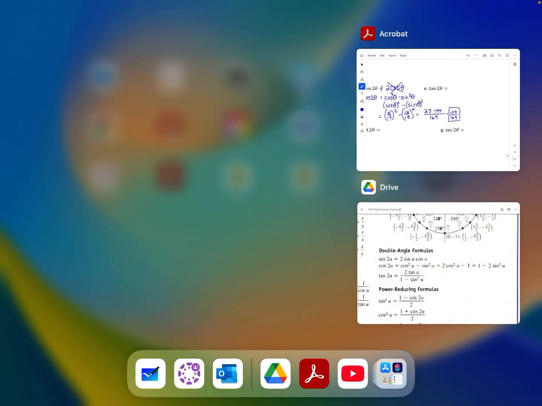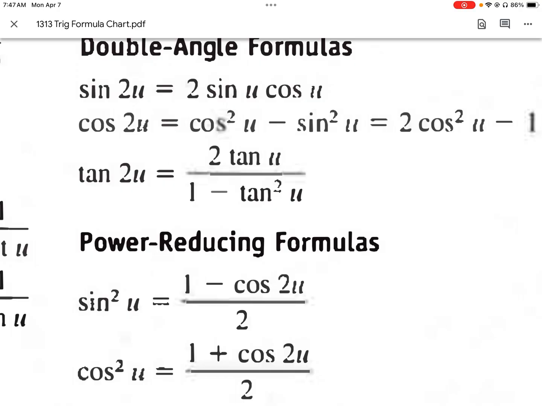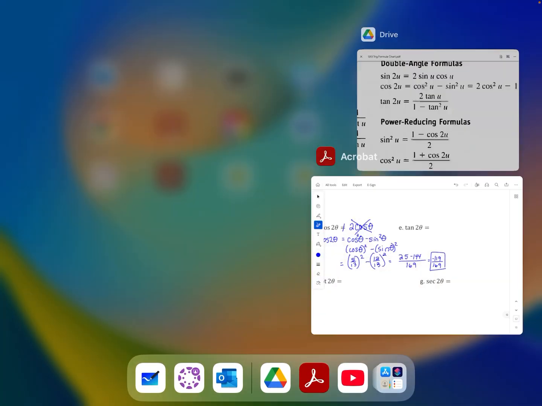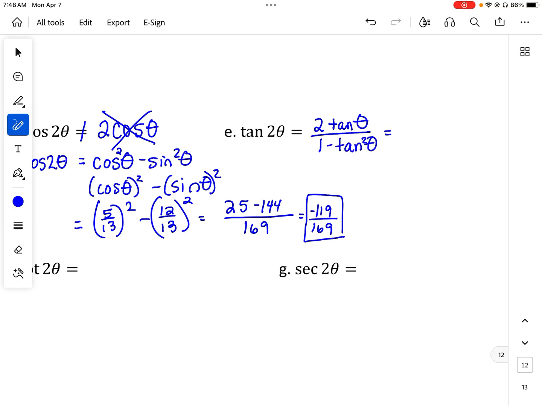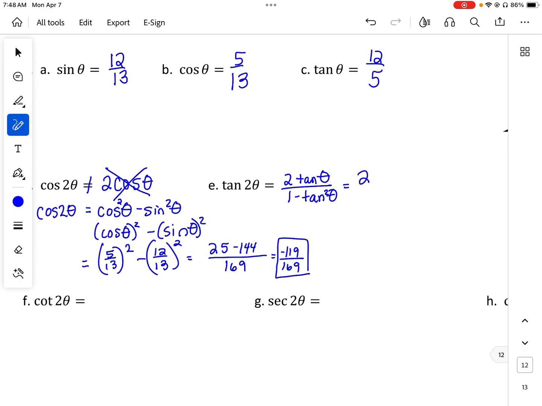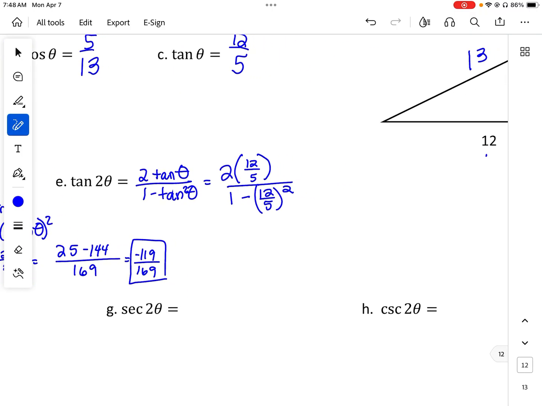All right, tan 2 theta. Our formula looks a little different. It's a fraction: 2 tan u over 1 minus tan squared u. So 2 tan theta over 1 minus tan squared theta. We found tan theta just a minute ago: 12 over 5.